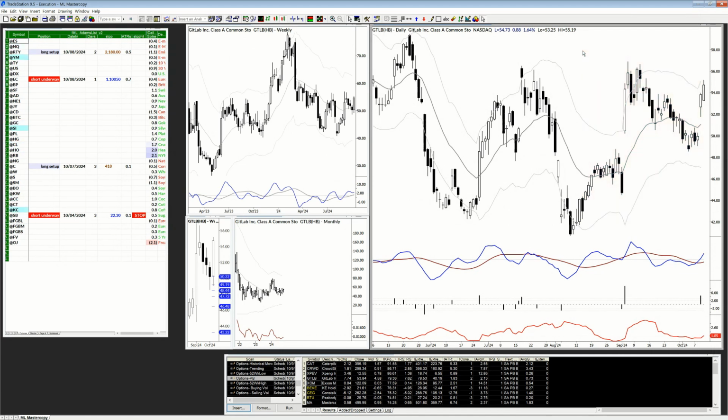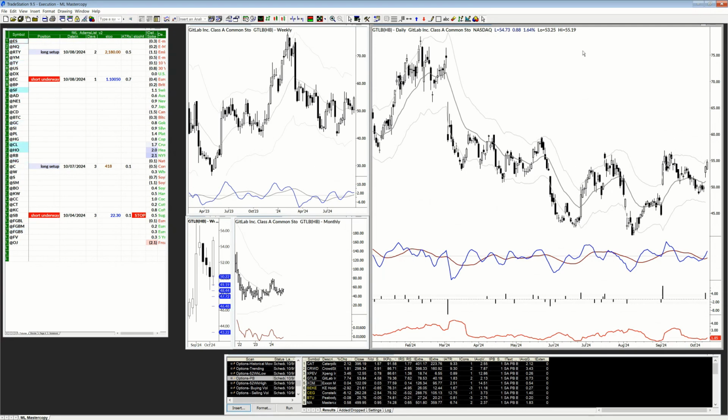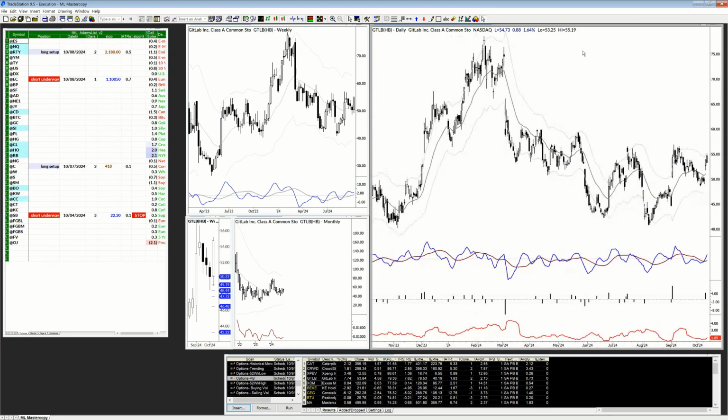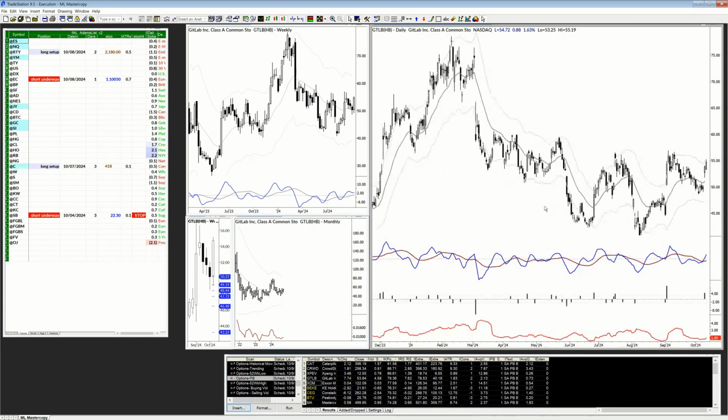Now, one of the things that I will do from a discretionary standpoint is put it in context. You see, I've just zoomed out to the daily, which is fine, or you can look at the weekly. Those are very similar charts at this point, right? At least they tell you the same story. And I'm aware of what this stock is doing structurally.